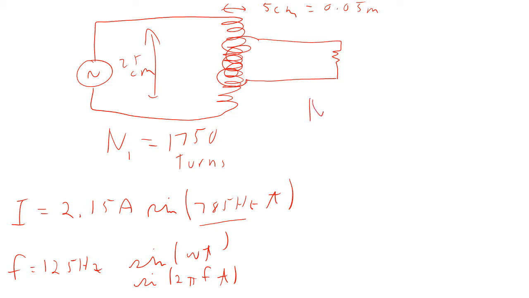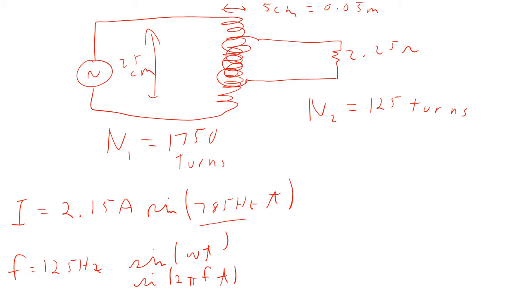So the secondary coil, N2, is going to have 125 turns. And let's say this is a 2.25 ohm resistor. And so the question is, what's the current in the resistor due to this arrangement?